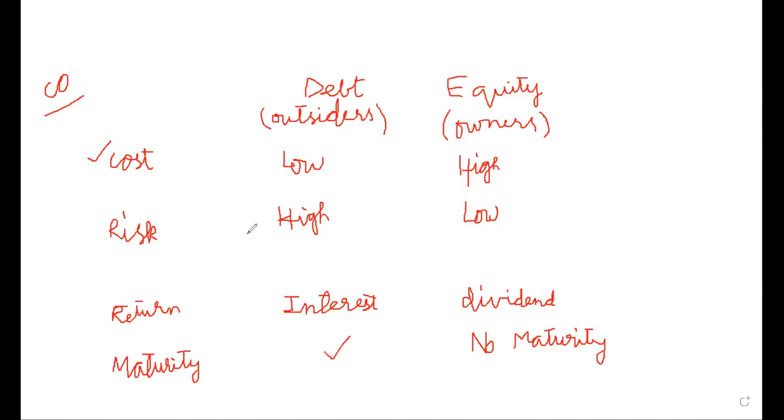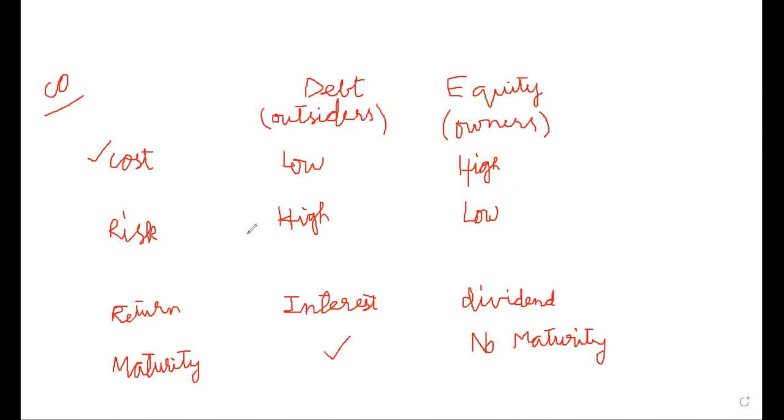It's a fixed percentage. Irrespective of the profitability position of the company, the rate of interest decided at the time of issue will hold good till the end of the maturity period. So until the debt capital is redeemed, the investors are entitled to the same percentage.